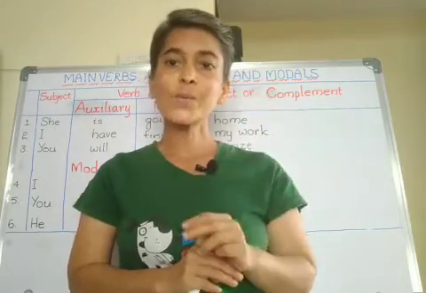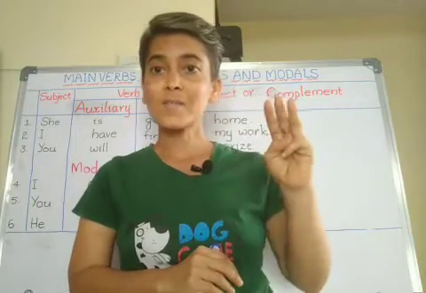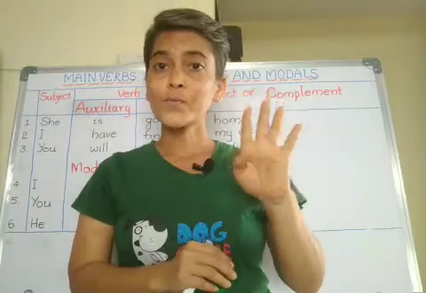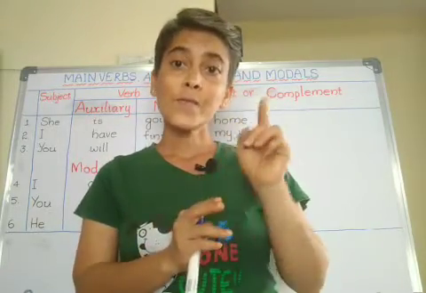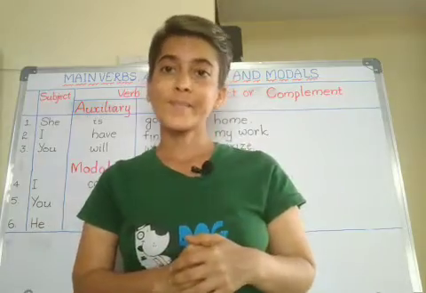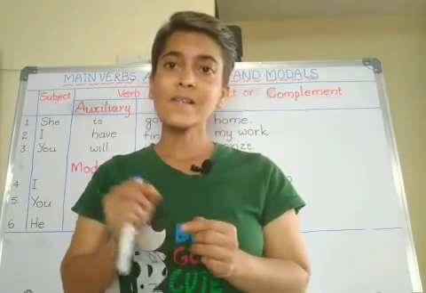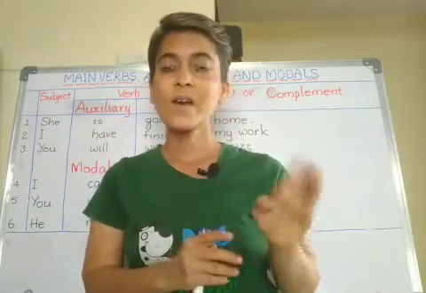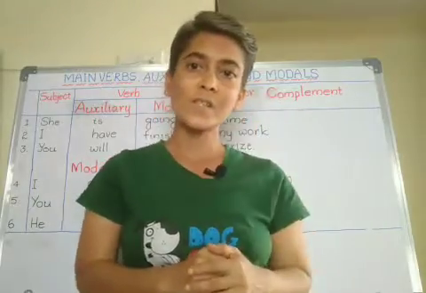Two, V2, that means past tense. Three, V3, that means past participle. Fourth one, V4, V1 plus ing. V1 plus ing, that is just as gerund. Remember as gerund.